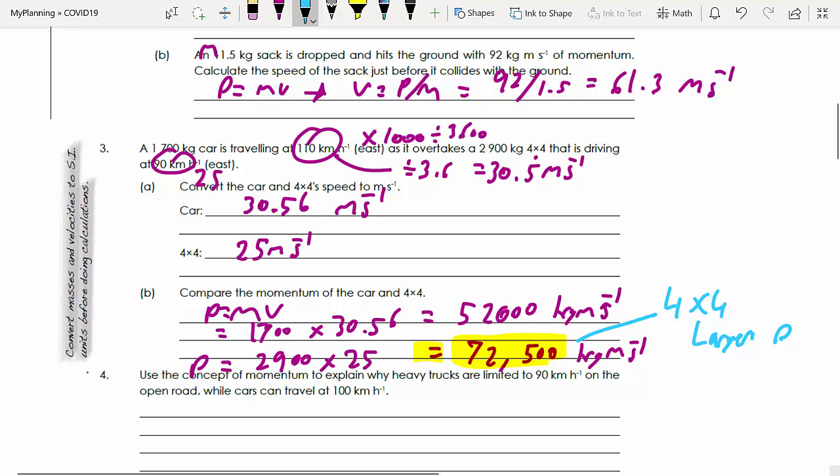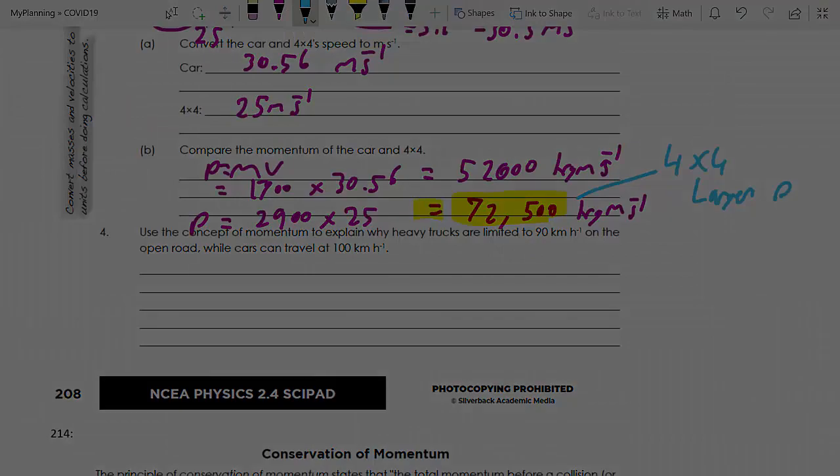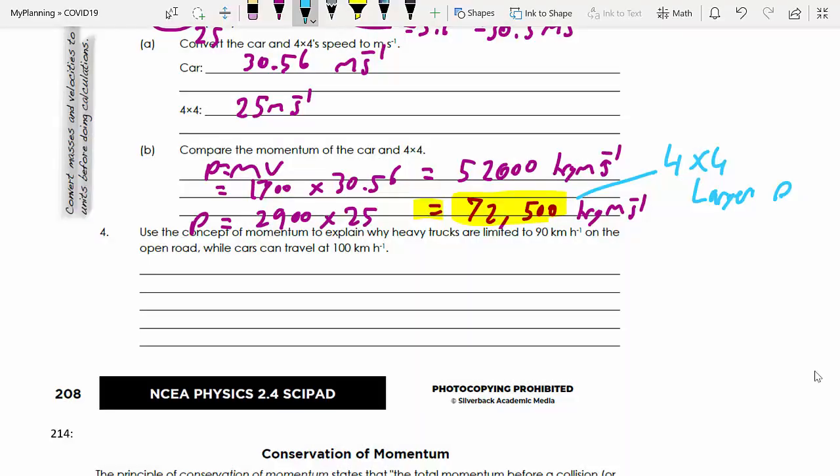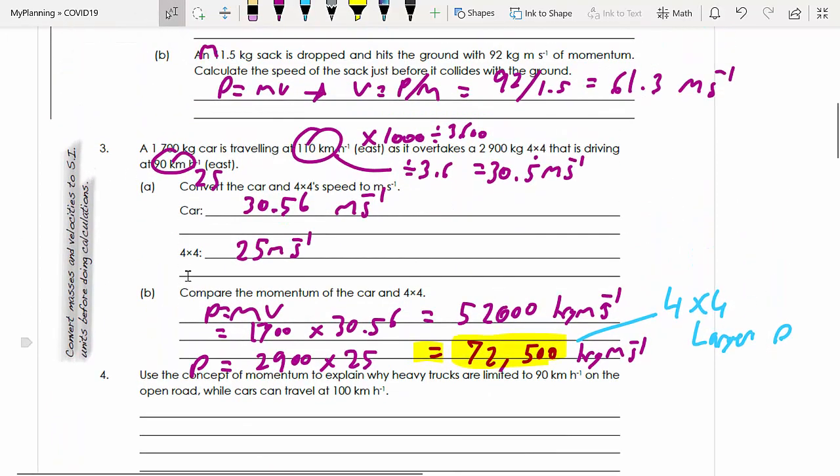Question number 4, use the concept of momentum to explain why heavy trucks are limited to 90 kilometers per hour on the road while cars travel 100. Well, that is basically what we've just seen in question 3 above, isn't it? In question 3, the 4x4 truck has more momentum, even though it's traveling at 20 kilometers per hour slower.